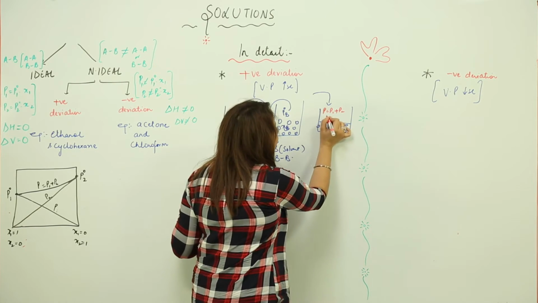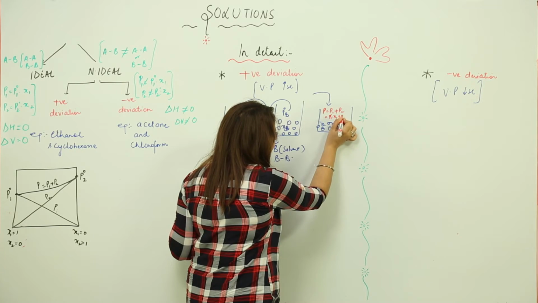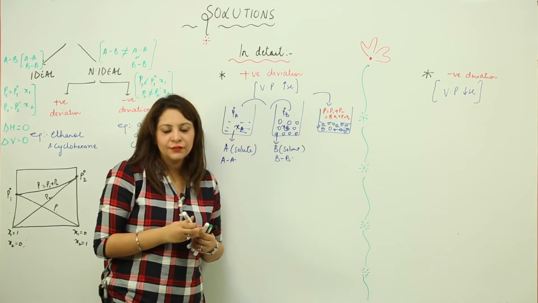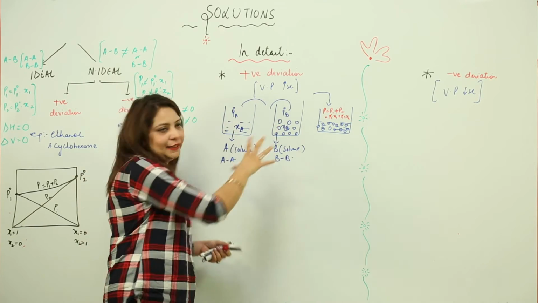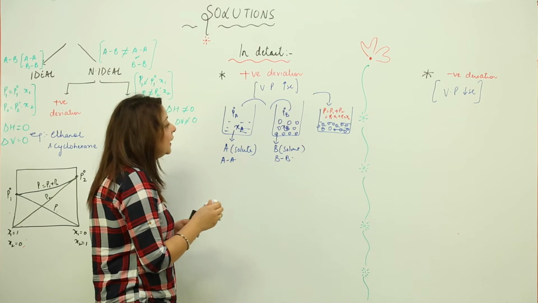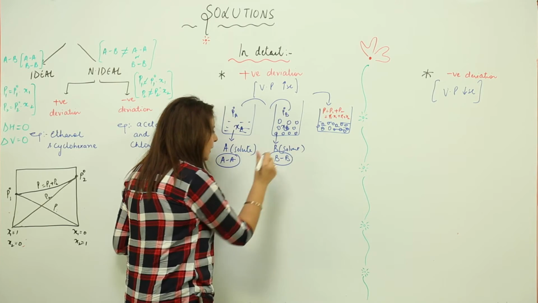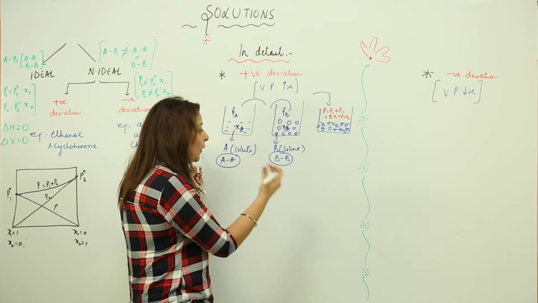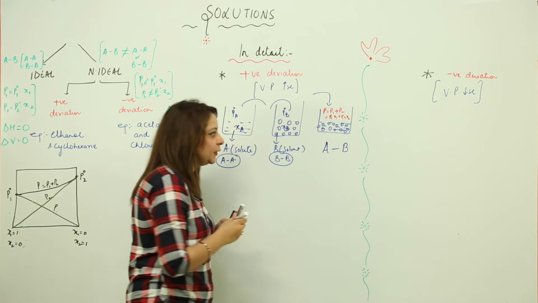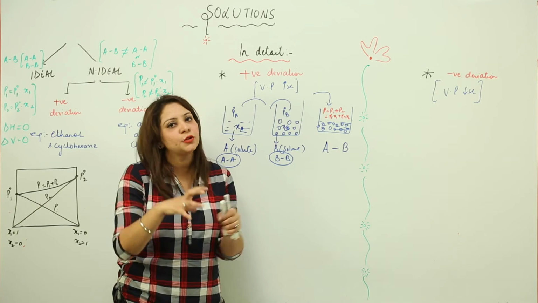So it is equal to P1 naught into X1 plus P2 naught into X2. It should actually happen like that if it is an ideal solution, as I told you here also. But now what is happening in this case? The interaction between AA and BB is of a certain value, but when we mix them, there is obviously an interaction between AB. Right, because when you mix solute and solvent, there is always an interaction that holds A and B together, right.